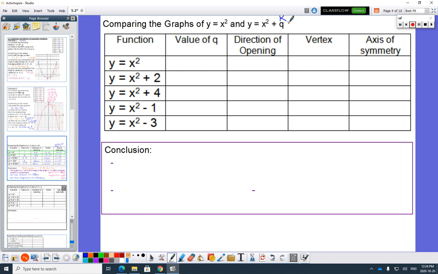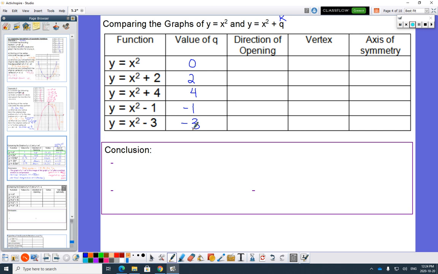So when you have a whole number outside of the brackets, it could be a non-whole number, but we're going to stick with whole numbers. So now, what is the value of Q? There is no number there, so it's not 1, it's 0, because 1 would still be a shift up or down if it was positive or negative. This Q value is 2, 4, -1, -3.